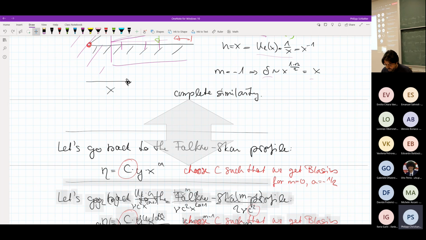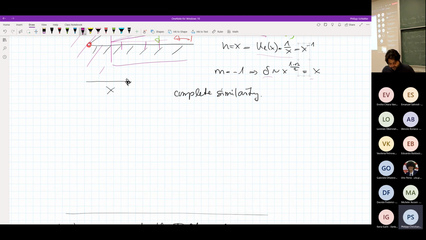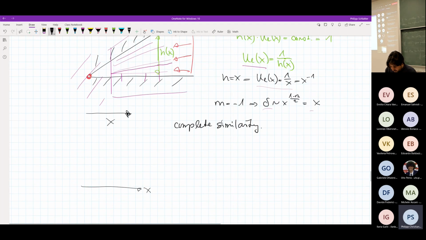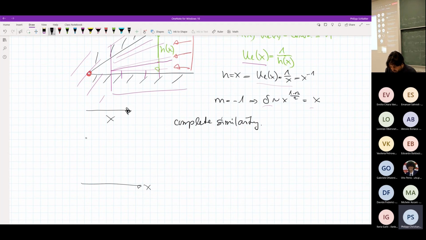So what you're saying is, if x is like this, and the sink flow was like that, you would like to have it like this, perhaps. Something like that?